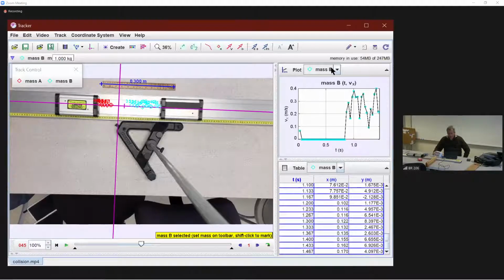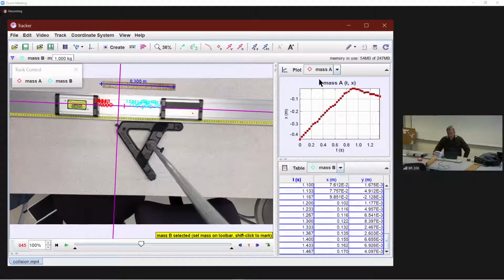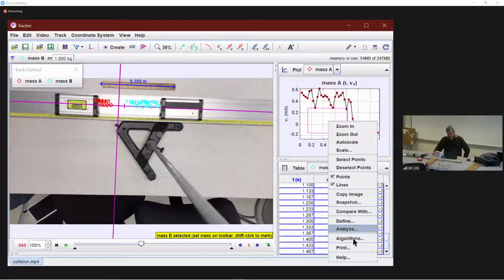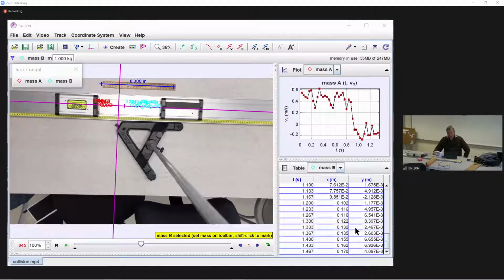Then I can go back to mass A, change its graph from position to velocity, right-click, go to Analyze, Statistics, and select the points before the collision. It looks like I got a mean velocity of 0.4635 meters per second.